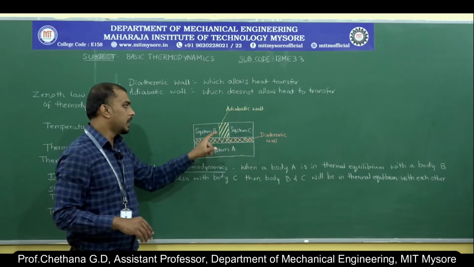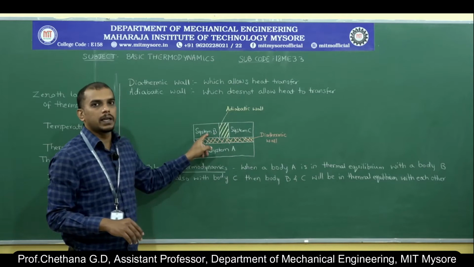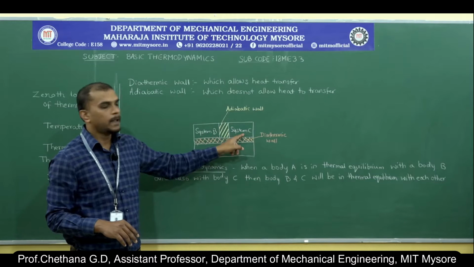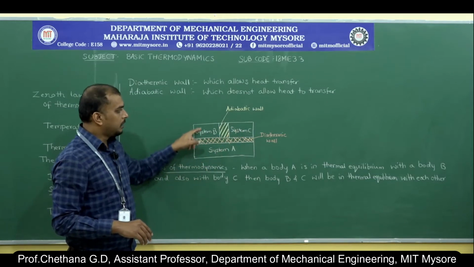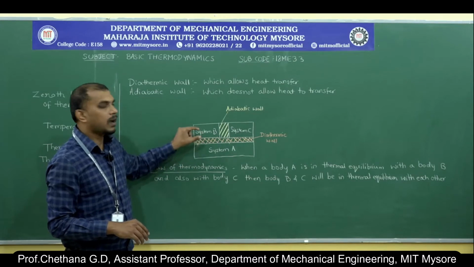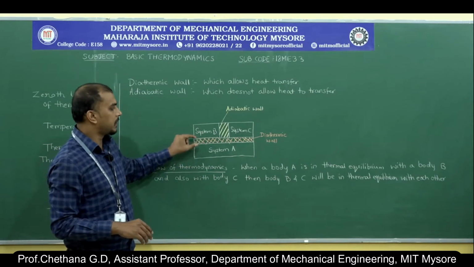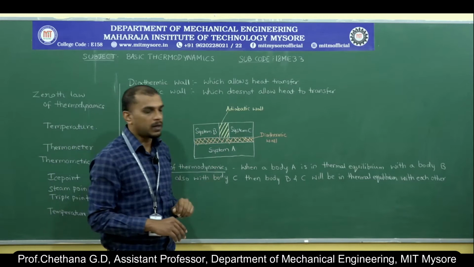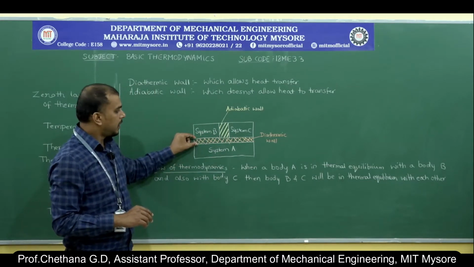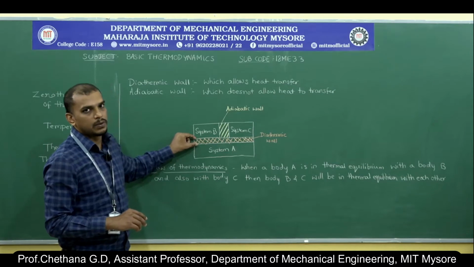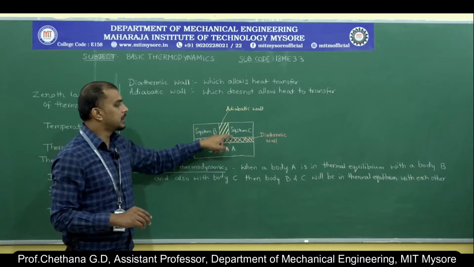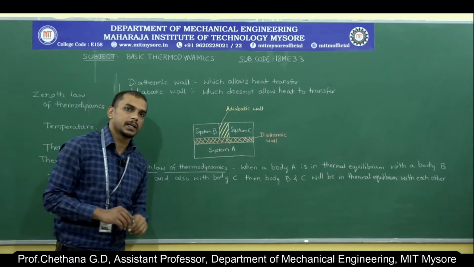That means there cannot be heat transfer between system B and system C, whereas both systems are separated from system A by a diathermic wall. That means this wall allows heat to transfer. So, between A and B heat can transfer, and between A and C also heat can transfer.